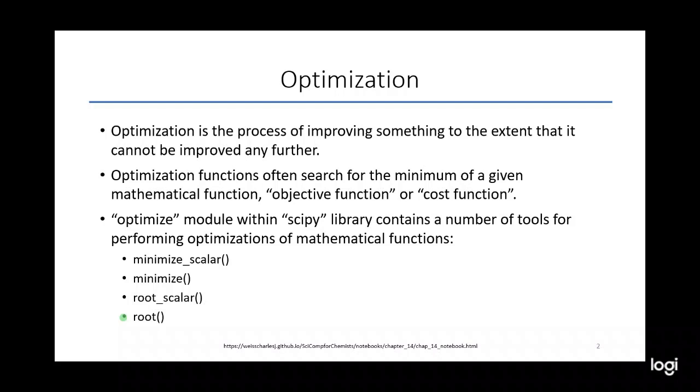On the other hand, the root_scalar function is specifically designed to find the root of a univariate function having a single input. These functions are essential when you are solving equations where the goal is to find the input values that make the function equal to 0.